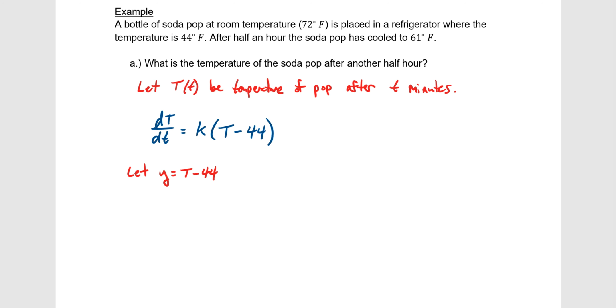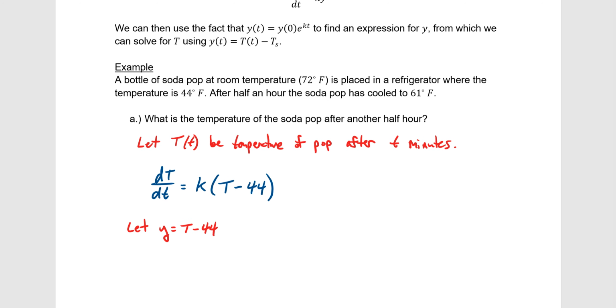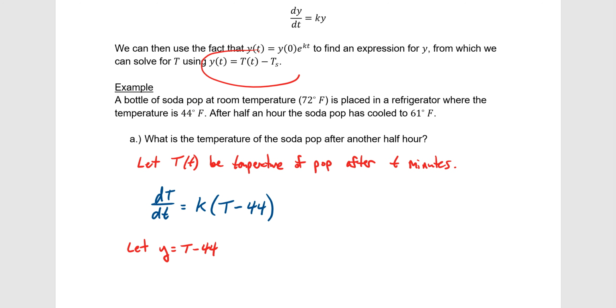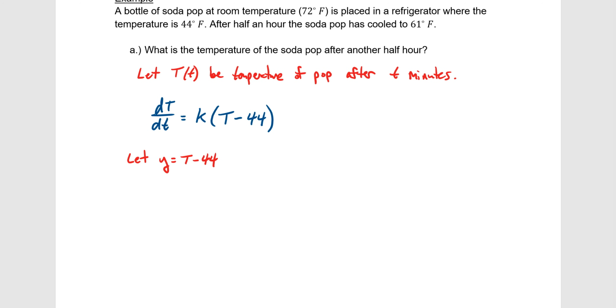And now what we're going to do is what we mentioned. We're going to use this little fact right here. We're going to let y equal T minus T sub s. So y is going to be this chunk right here. And once again, the reason is because then we can write it as dy/dt equals k times y, which is how we're used to seeing, and we know how to solve that with our solution function.